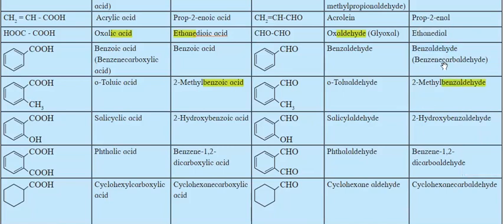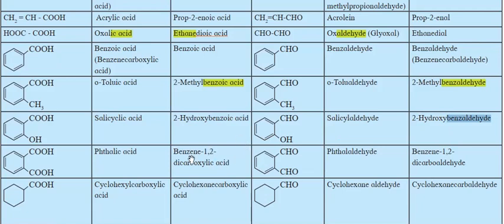This aldehyde is also called benzenecarbaldehyde, but generally it is not used. Commonly it is called benzaldehyde. Next one is 2-hydroxy benzoic acid, with COOH and 2-hydroxy. Similarly here also CHO and another OH, 2-hydroxy benzaldehyde. Names are similar for carboxylic acids and aldehydes, nearly similar.